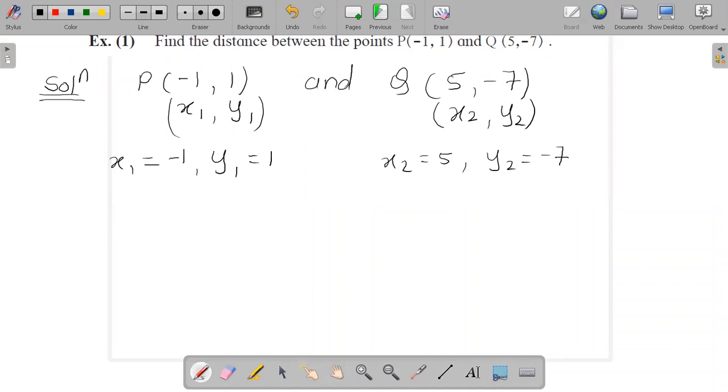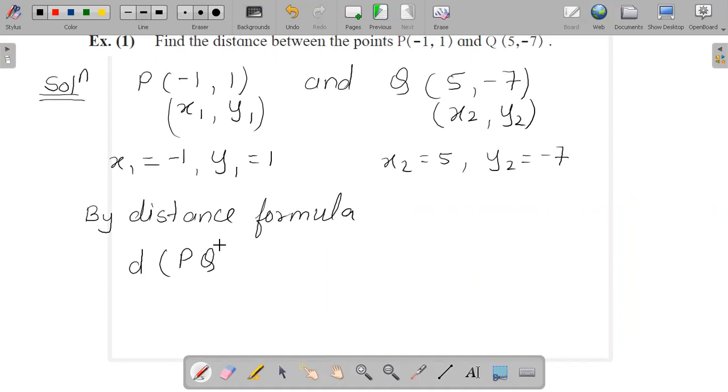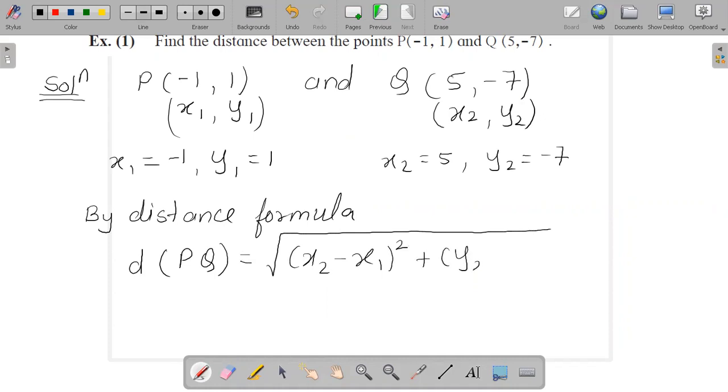Now we'll use the distance formula. Whenever you're using a formula, make sure that you write it. So by distance formula, now we are finding the distance between P and Q. D of P and Q is equal to, write the formula first, the square root of x2 minus x1 the whole square plus y2 minus y1 the whole square.